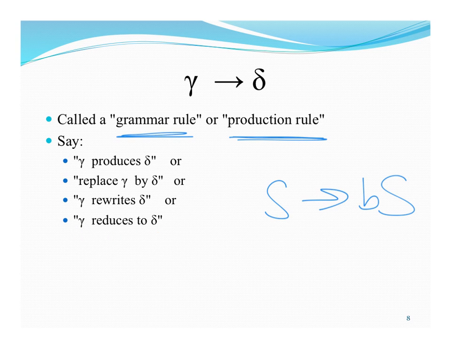And in fact, you've heard me already informally, it's not so accepted, but I'll say something like gamma goes to delta, or I often say expands to delta, even though reduces to is the more polite, more official way to say it. So in here, I would say S produces BS, or S reduces to BS, or one of these.